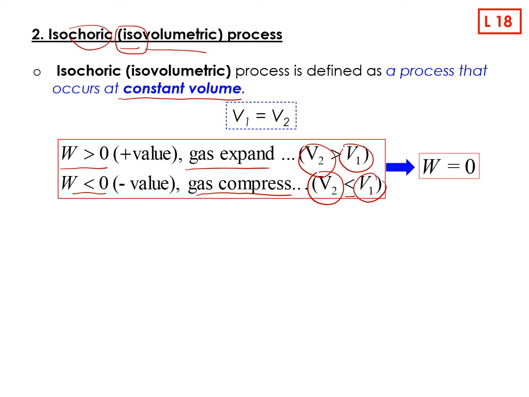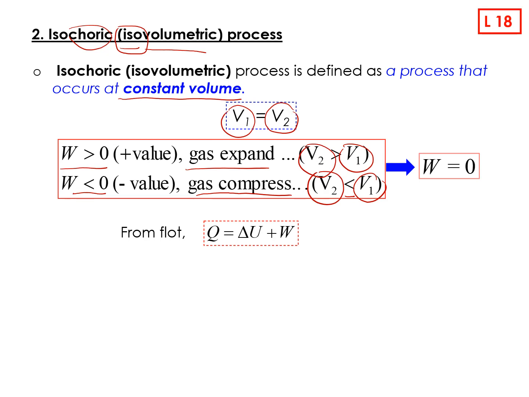In an isovolumetric process, the volume is constant, so V1 is equal to V2. Then the work done will be equal to 0, because there is no change in volume.